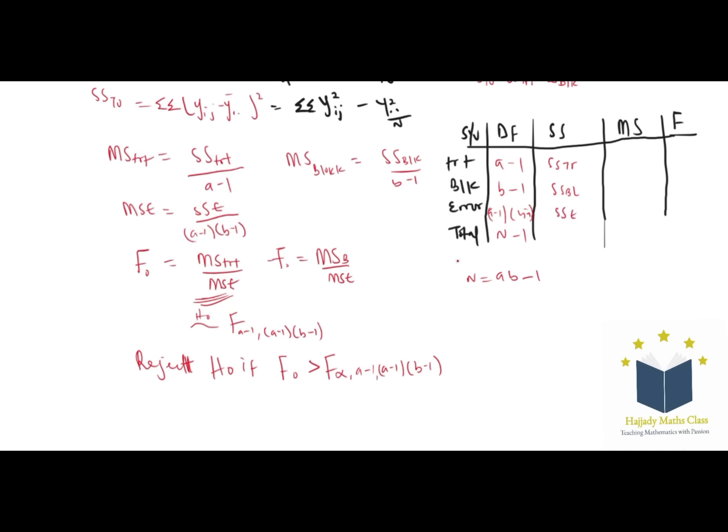After you've calculated all this using the above values for computation, then you can do your MS: SS treatment over a minus 1, SS block over b minus 1, and SSE over (a minus 1)(b minus 1). And lastly, for our F, we have MS treatment over MSE. You can make your conclusion with your F, or make use of the p-value.